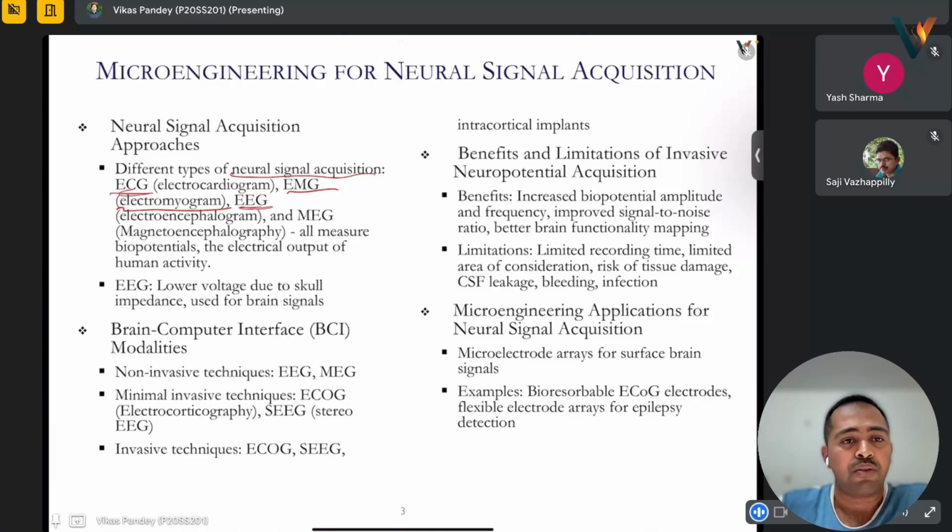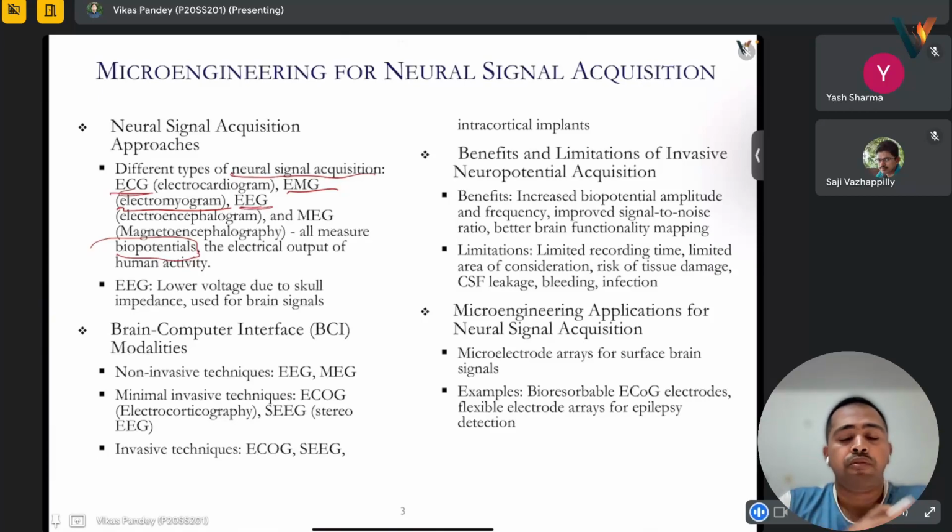MEG is magnetoencephalography. All these measure biopotential. As we have seen, all the biopotentials are in terms of the gradient or the potential that we have in terms of ions. So, ionic potential we are measuring, and that in the form of electrical outputs.